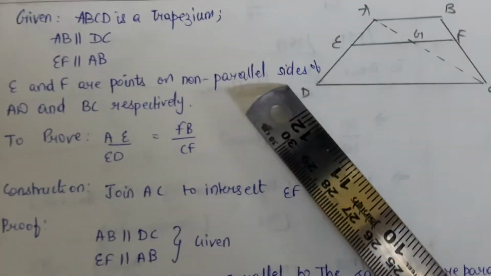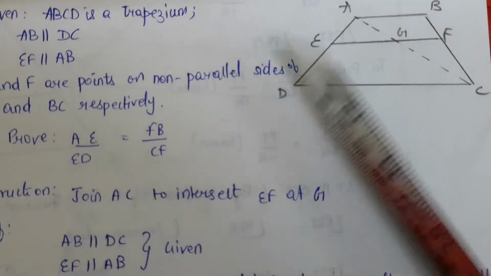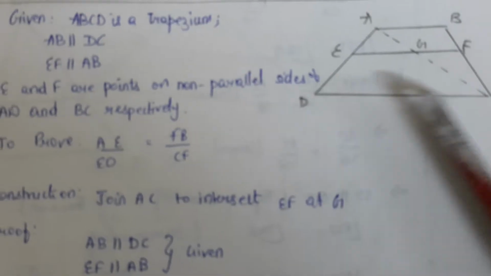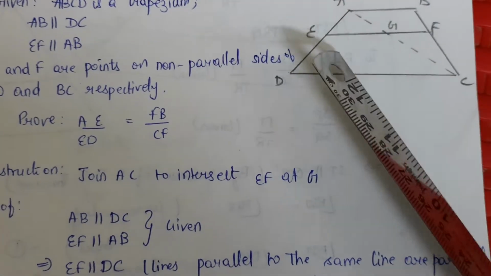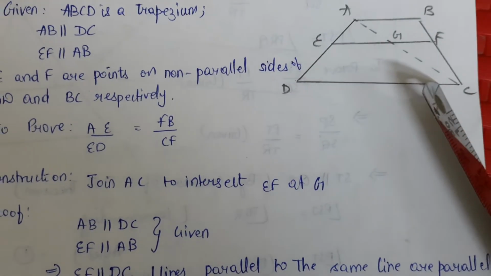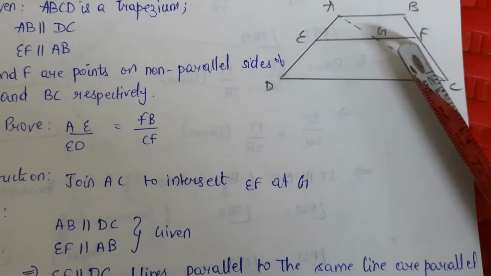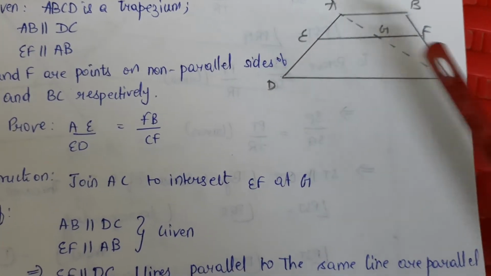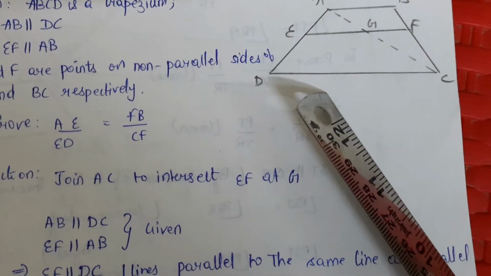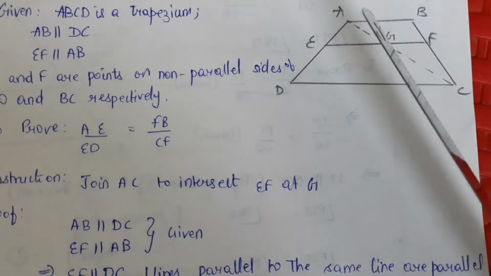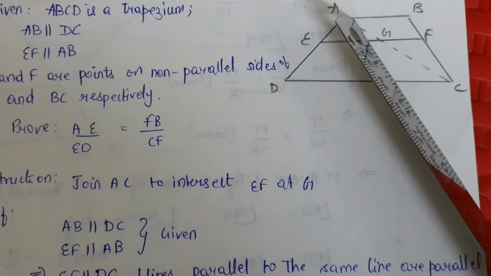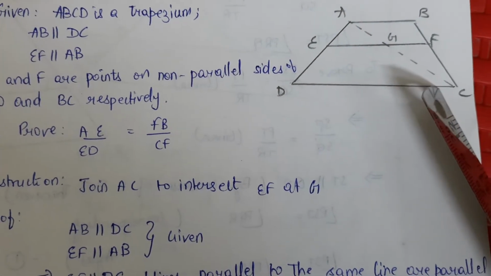Now, to prove this, first we are going to take triangle ADC. Then we are going to take triangle ABC. When I take triangle ADC, you know EF is parallel to CD, so EG is also parallel to CD. Then when you use the BPT theorem, AE by ED will be equal to AG by GC.